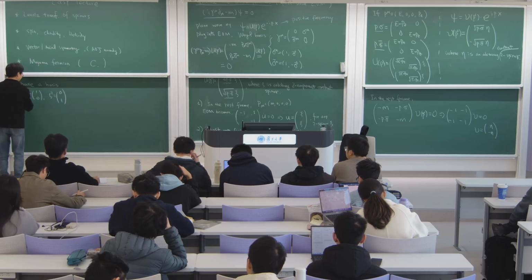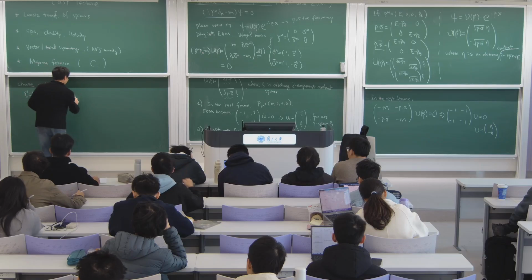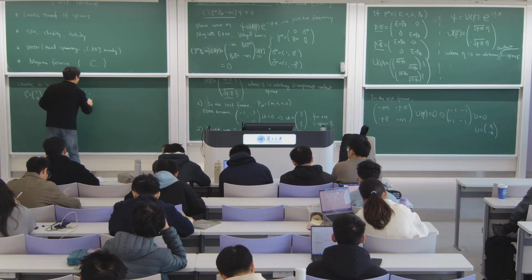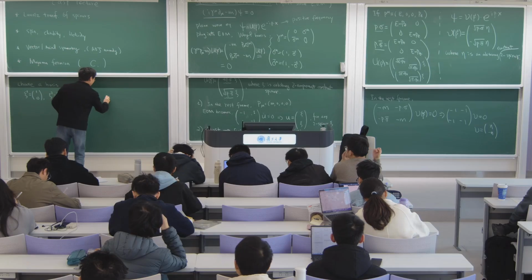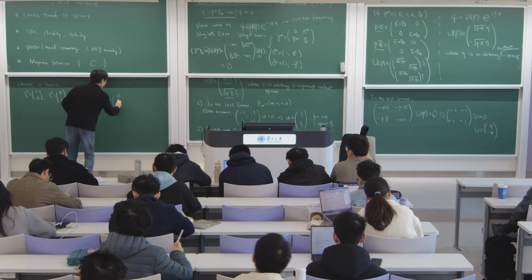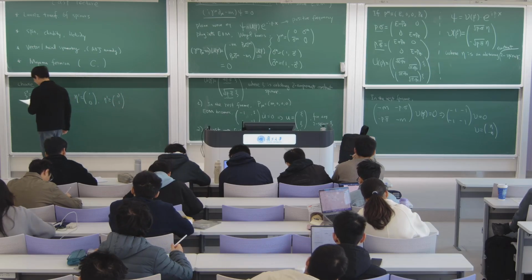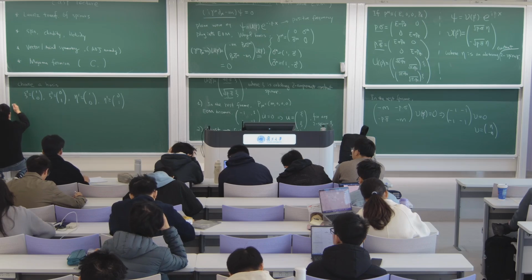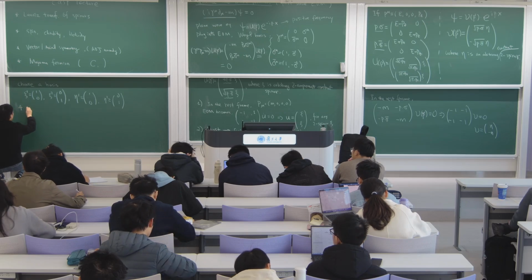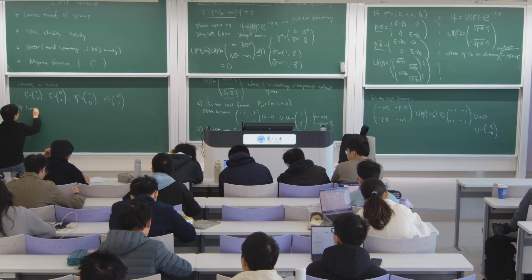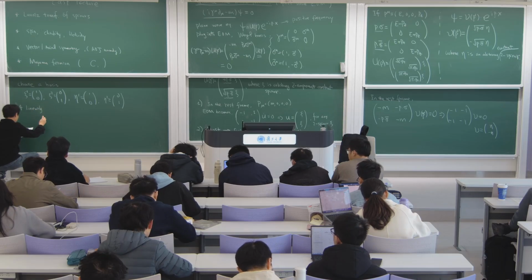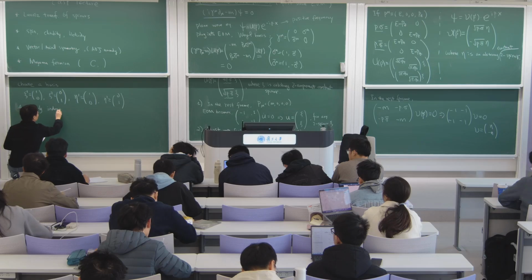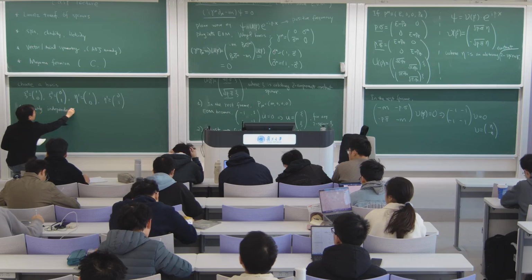Let me also write eta 1 equals 1, 0 and eta 2 equals 0, 1. This means there are four linearly independent solutions.